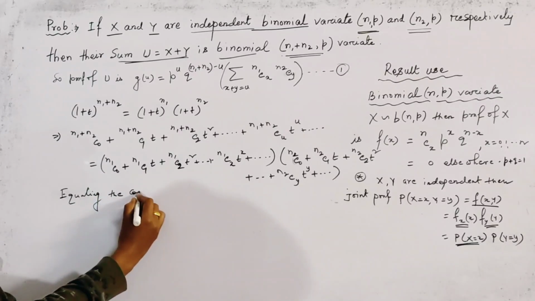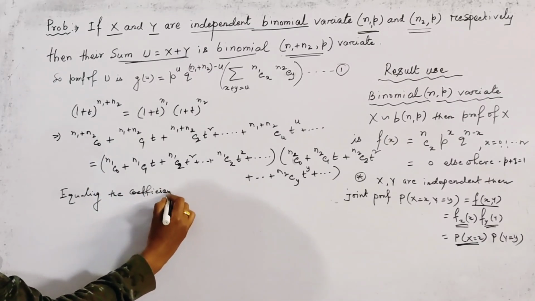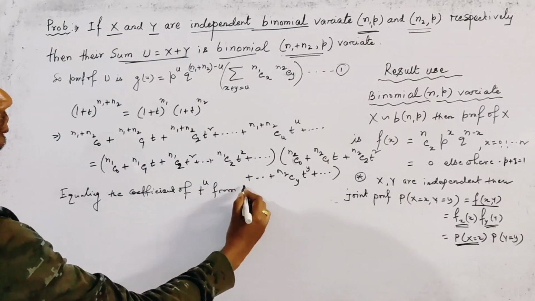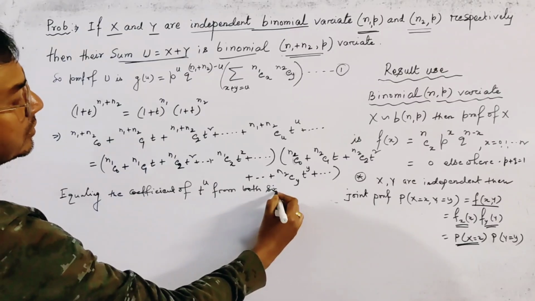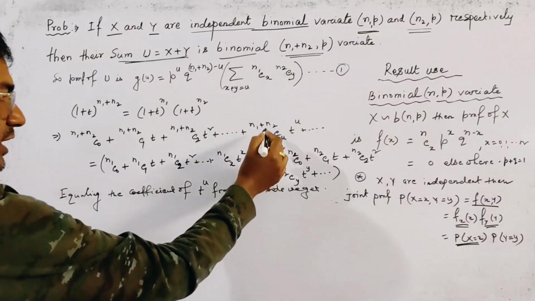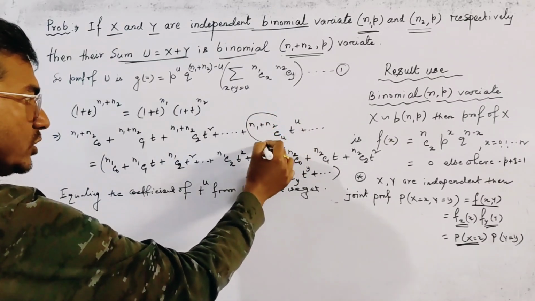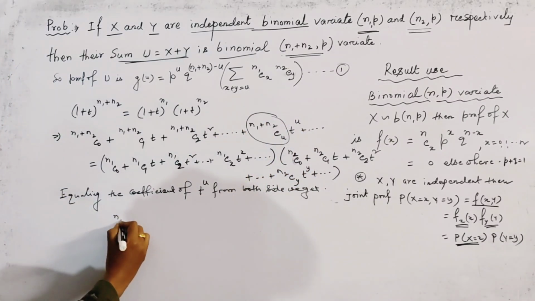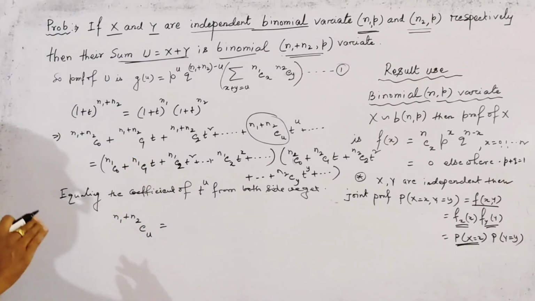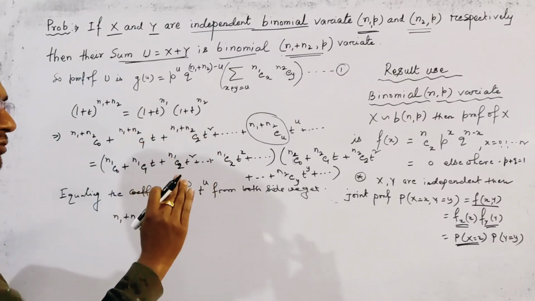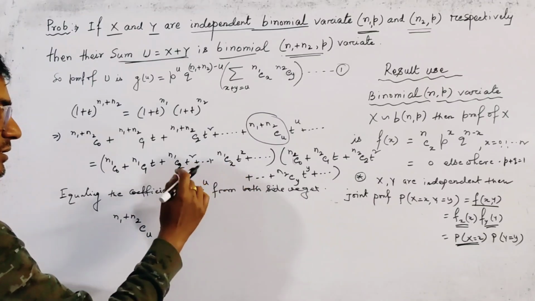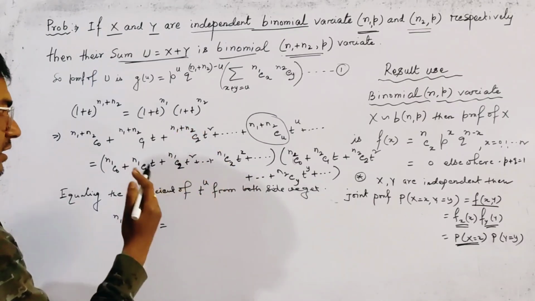Equating the coefficient of t to the power u from both sides, we get the result as, from the left side, the coefficient of t to the power u is n1 plus n2 cu, and on the right side, several terms with t to the power u are present.